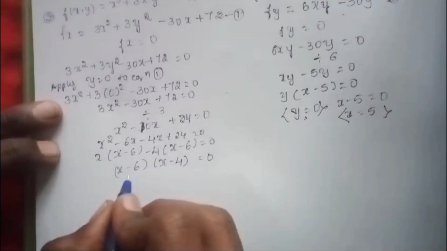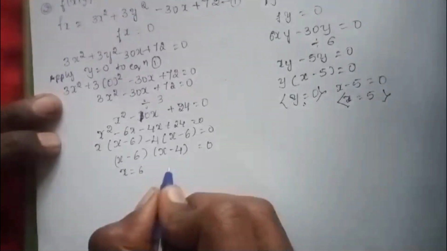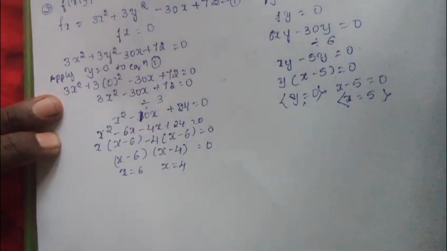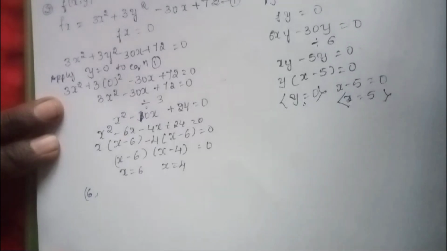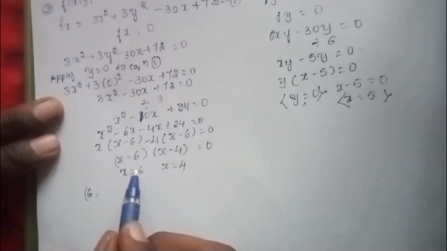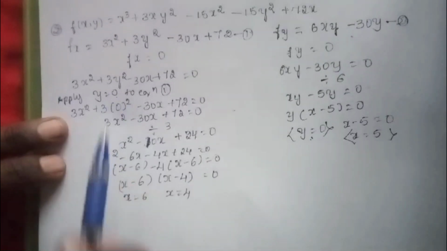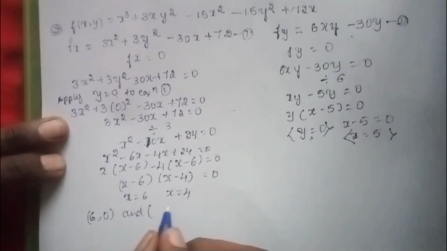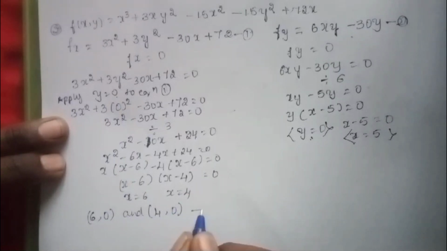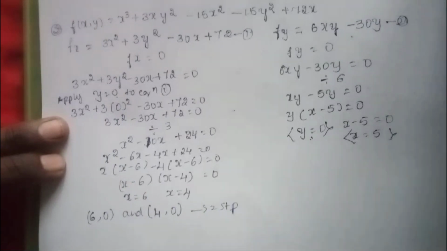We get two values of x, that is x is equal to 6 and x is equal to 4. But stationary points should consist of both x and y. Here x is 6 and y is 0, and another one is 4 comma 0. These are two stationary points.